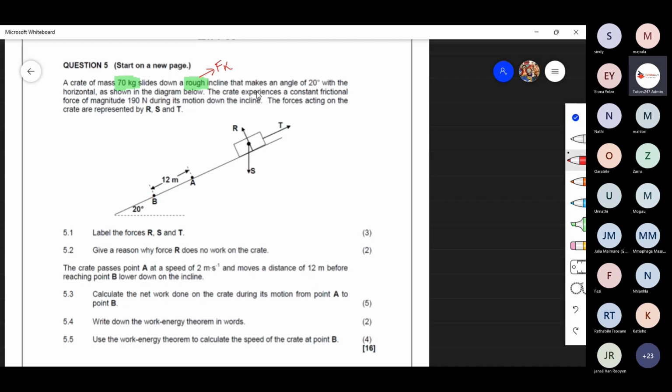It makes an angle of 20 degrees with the horizontal, but we don't really need this right now, so don't pay attention to that. As shown in the diagram below, the crate experiences a constant frictional force of 190 newtons. So we now know that our frictional force is 190 newtons.